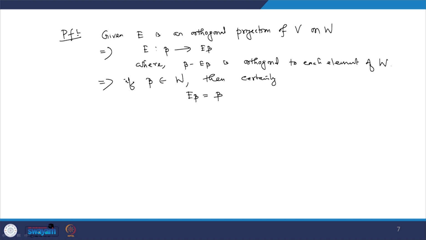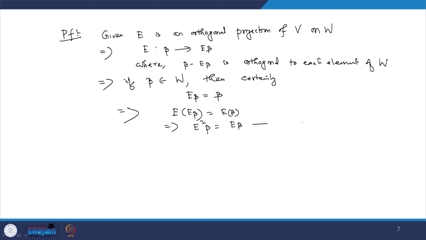Okay. So, in this case when you consider E operating again on E beta, that is equal to E beta. So, this implies that E square beta equal to E beta.